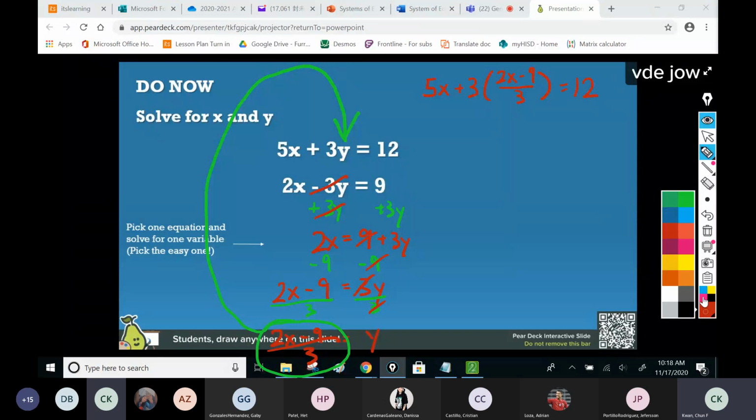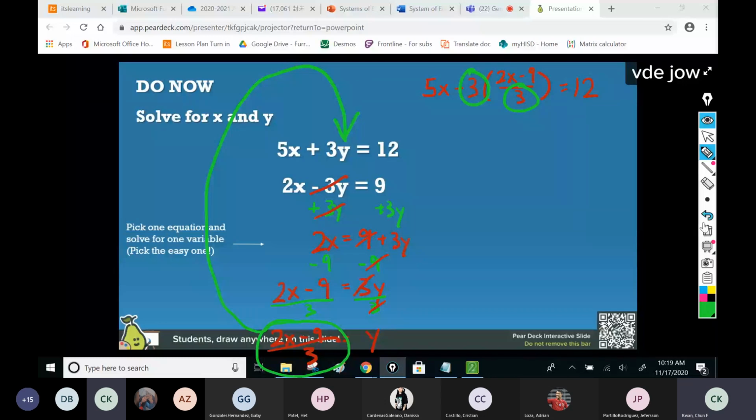And then the next step is, whatever number is outside of the parenthesis, this number in the front, you can simplify or cancel out with the denominator, because one of them is times 3 and the other one is divided by 3.